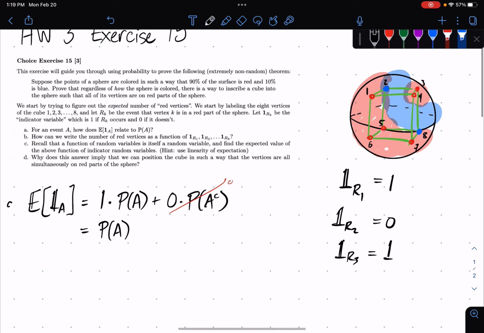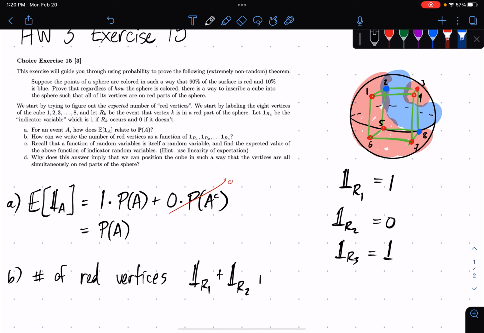And so here's our answer for A, and our answer for B is going to be the number of red vertices is R1 red plus is R2 red plus is R8 red, all of the way up. That's our function.